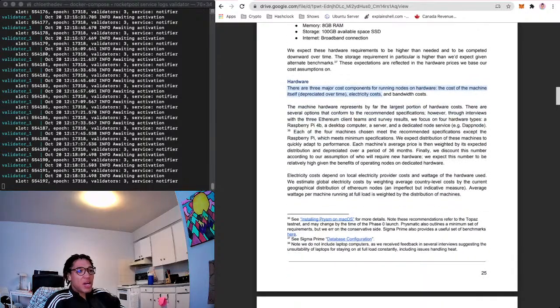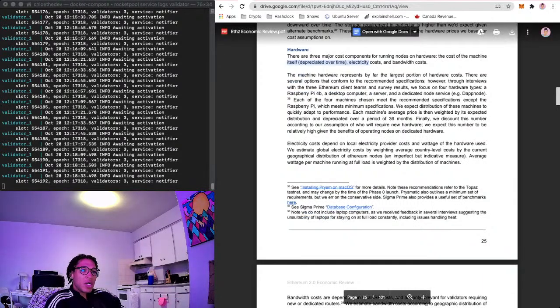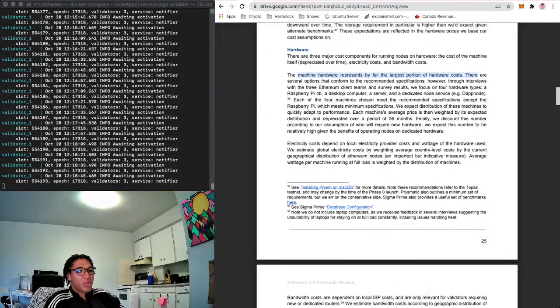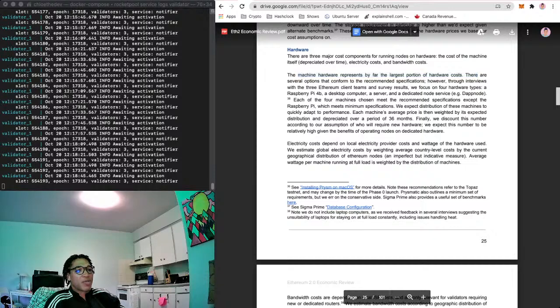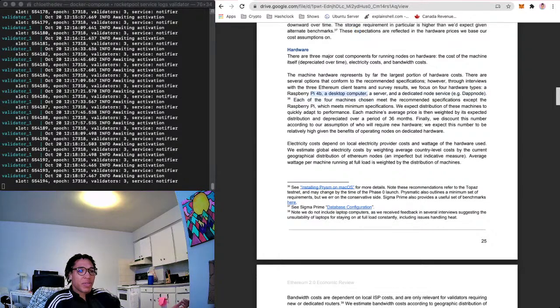And they're just saying that the cost of the machine is going to get cheaper over time. The machine represents the largest portion of costs. Interesting. I don't necessarily agree. Well, not if you're talking about electricity and bandwidth being hardware. However, we focus on 4 hardware types: a Raspberry Pi, a desktop computer, a server, and a dedicated node service.